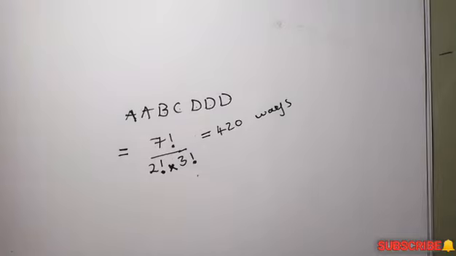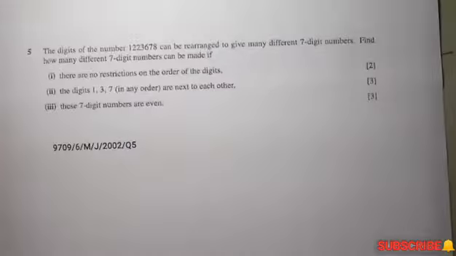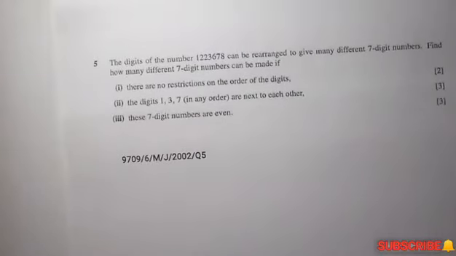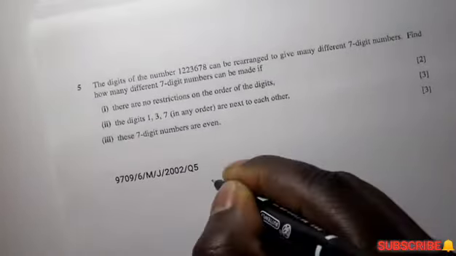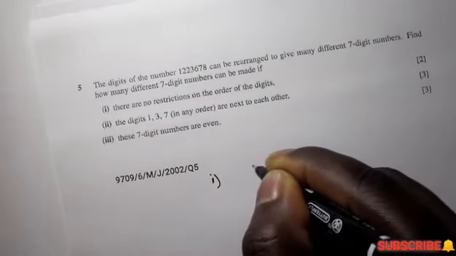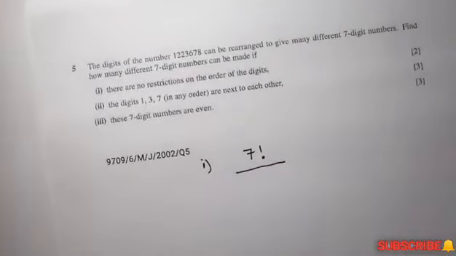So the concept that we have used on letters is the same concept that we need to apply on this question of numbers. How many numbers do we have? Lucky enough, the question has stated the numbers that are 7 digits, right? So it means that I'm going to write 7 factorial, which is representing the number of digits given.